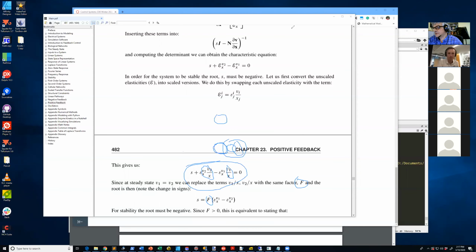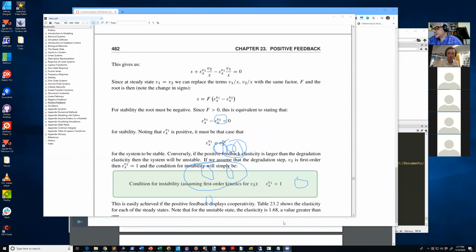So I can then make this assertion. And the other thing I can say is that this value here is 1 because it's a simple mass action reaction, so that must be a sensitivity of 1.